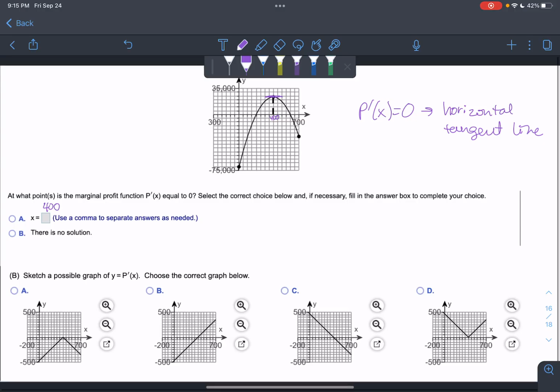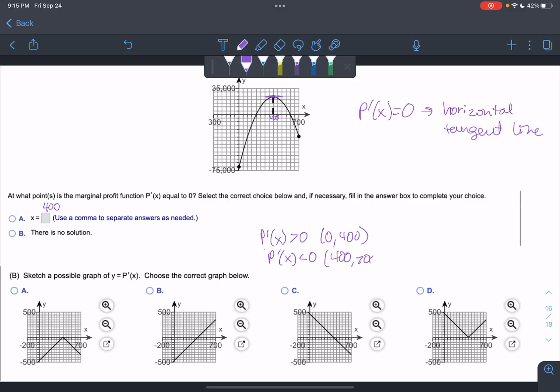Okay, and sketch a possible graph. I should have included our answers, but our answers from A said that P prime is positive on 0 to 400, and then P prime is negative from 400 to 700, and then P prime is equal to 0 at x equals 400.